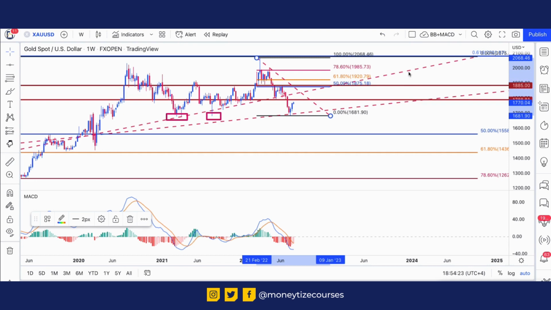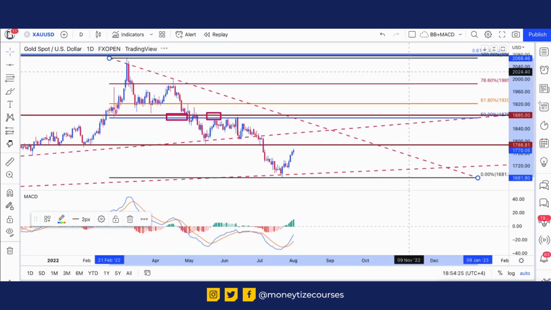Moving on to daily now. The daily movement is something like this. First push down, a pull up, a retracement, new leg down, consolidation sideways, and final push down.